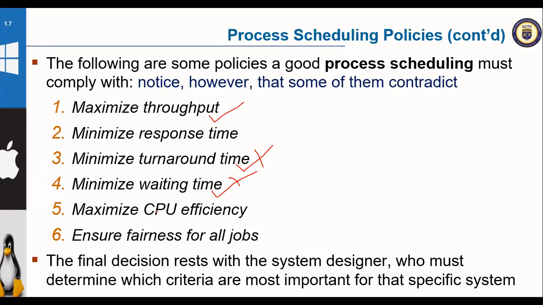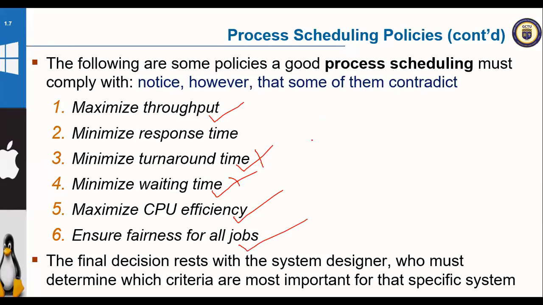To maximize the CPU efficiency, how do you schedule the CPU so that even though it is limited, it can execute as many processes as possible. And also to ensure fairness for all jobs, to ensure that a job does not wait forever in the queue.